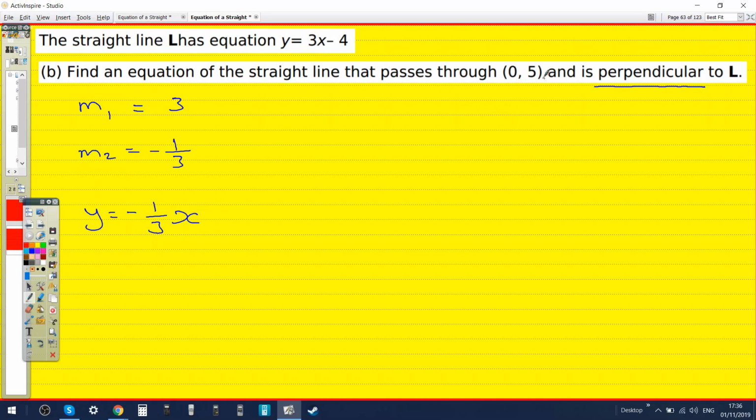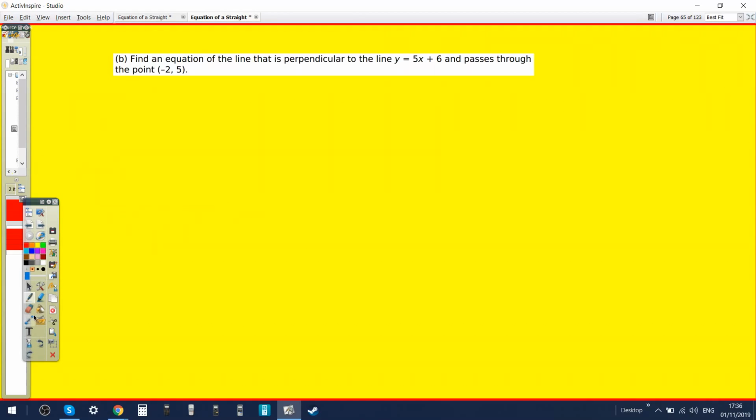It goes through 0, 5. So plus 5. Great. So yes, you have to get the perpendicular.